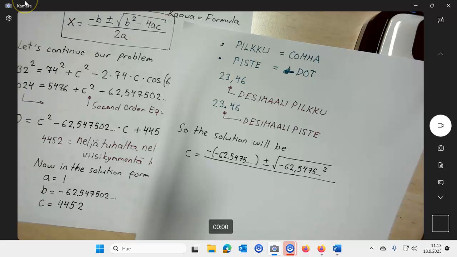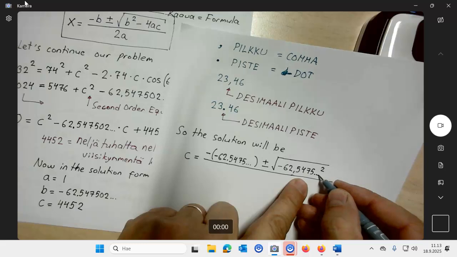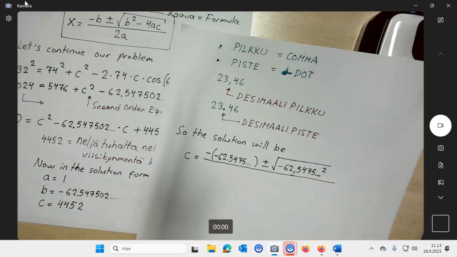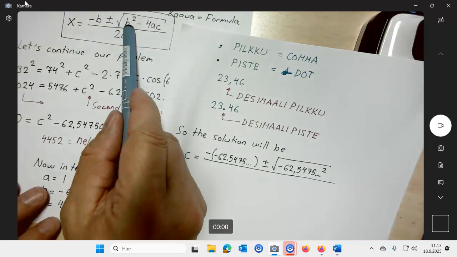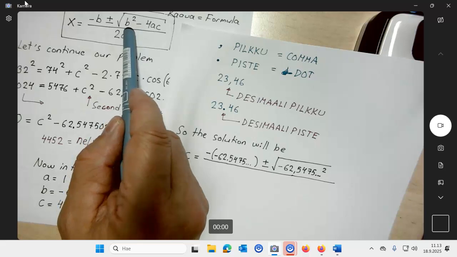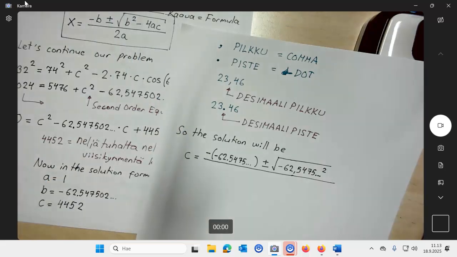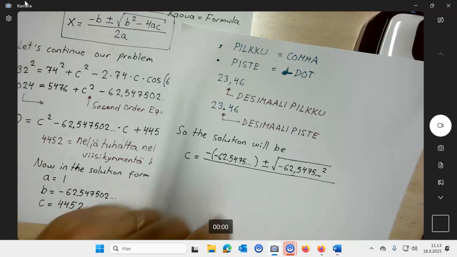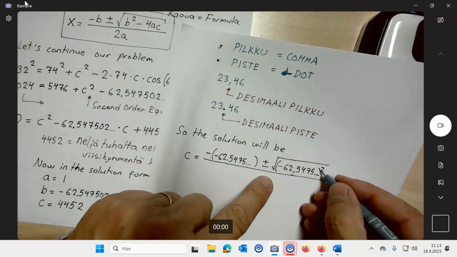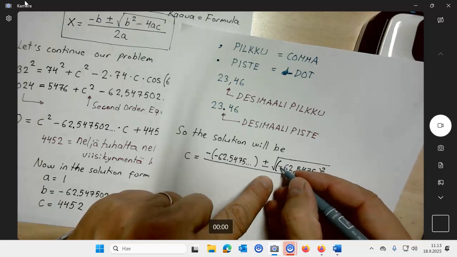I made a mistake there, but what was my mistake? Brackets, yeah, because this formula says that this b should be squared, so the whole of b should be squared. This minus is also in front of b. So we should use brackets or parentheses.